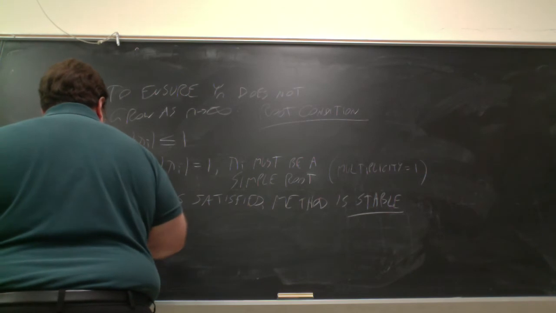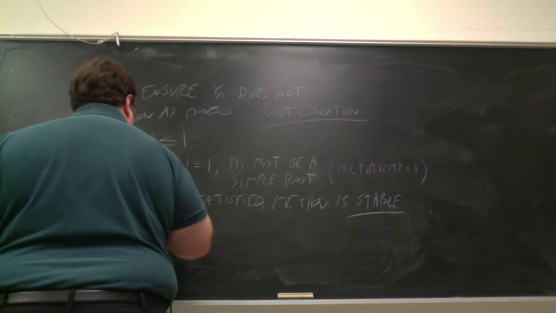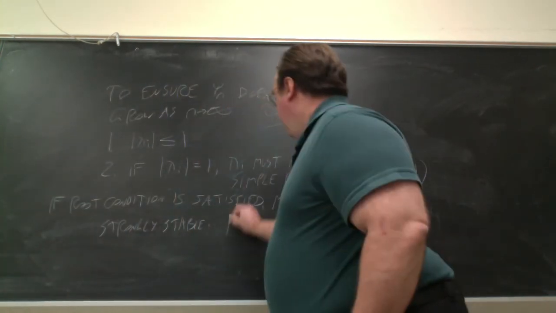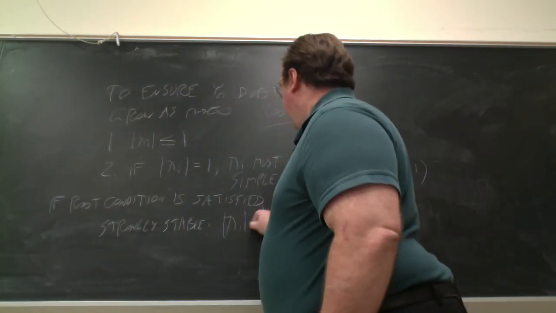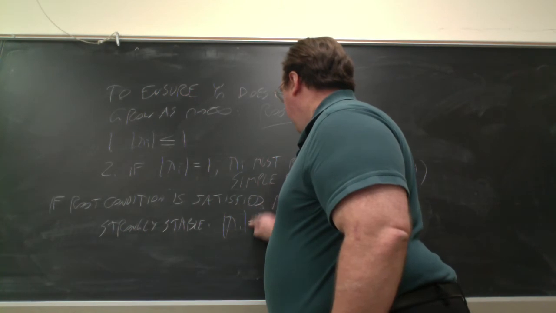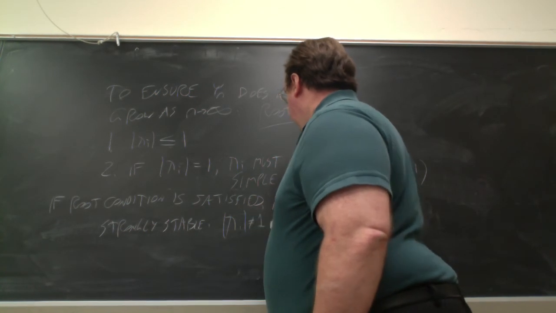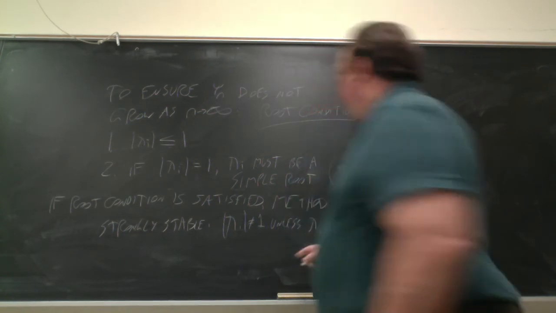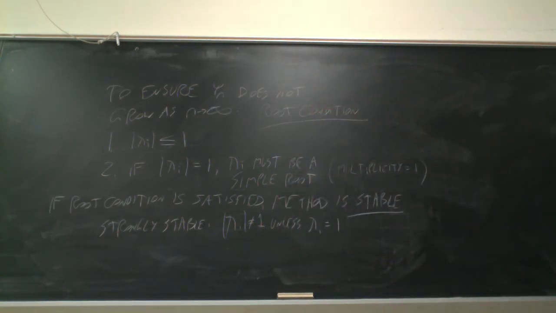Strongly stable is that the absolute value of lambda i is not equal to 1 unless lambda i is itself equal to 1.